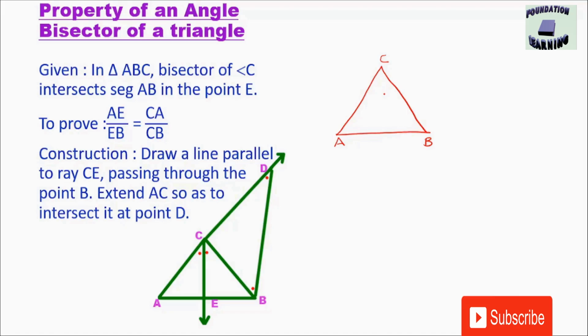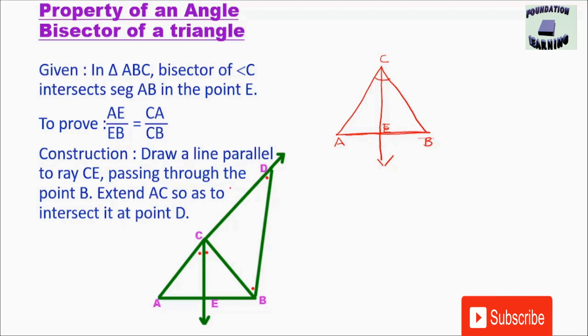Bisector of angle C. This is angle C and there is a bisector. It intersects seg AB. This is AB. It intersects AB in point E. So here you have C, a bisector of angle C intersecting AB at point E.